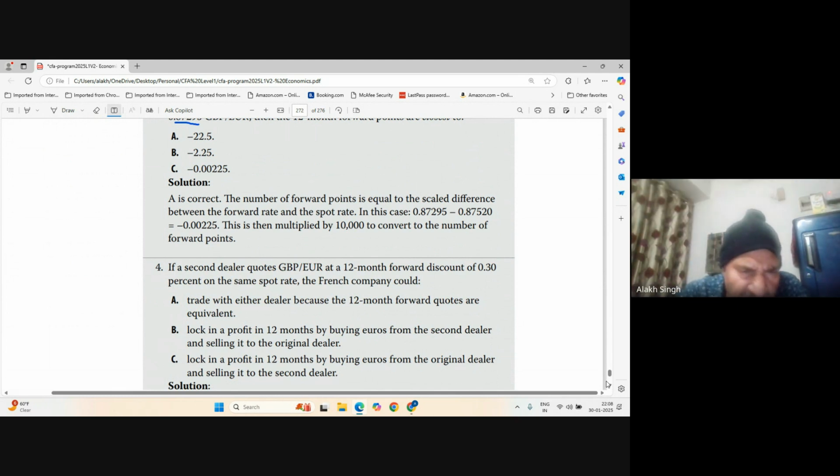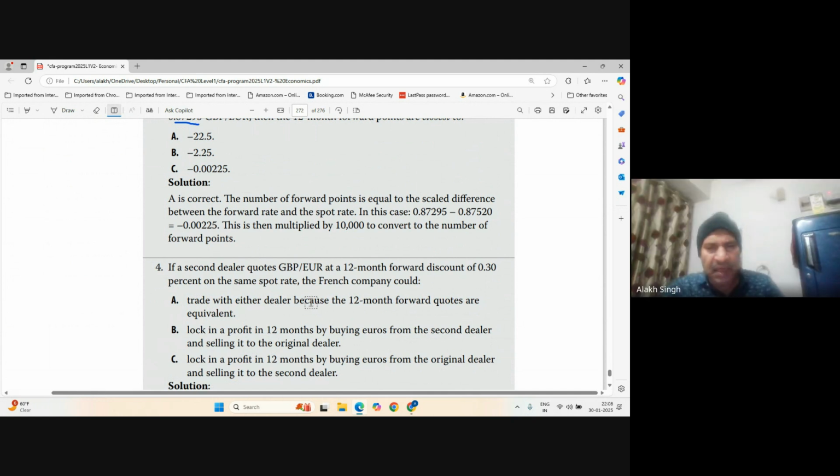25.7, and the second guy is giving a 30% discount. So he will go for the other one. To lock in a profit in 12 months, A is definitely not the correct answer.